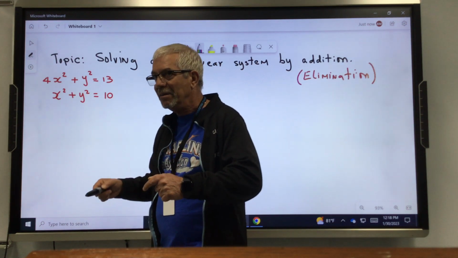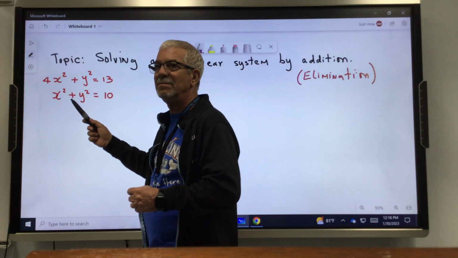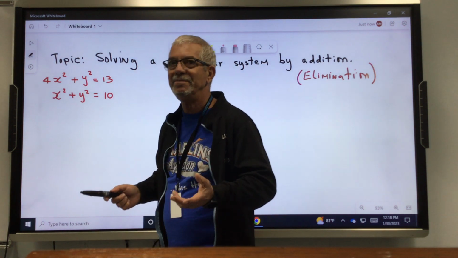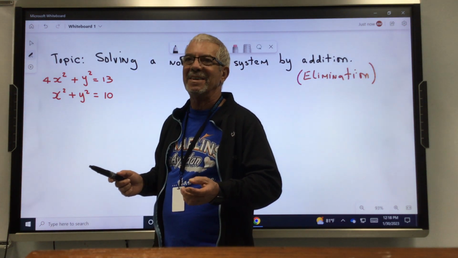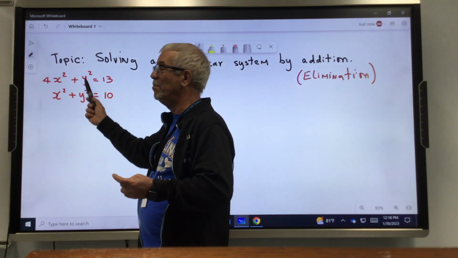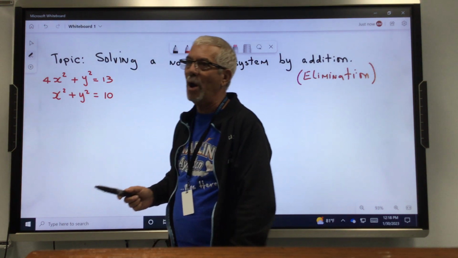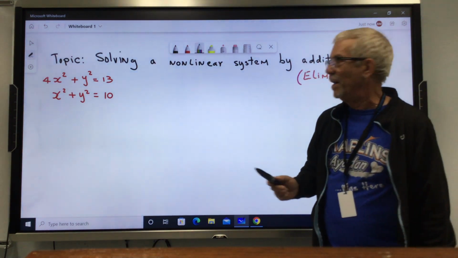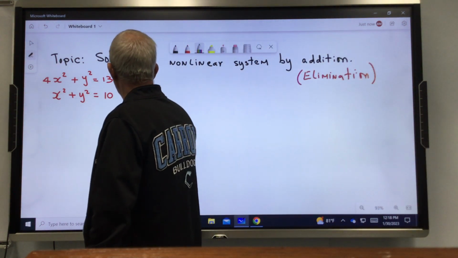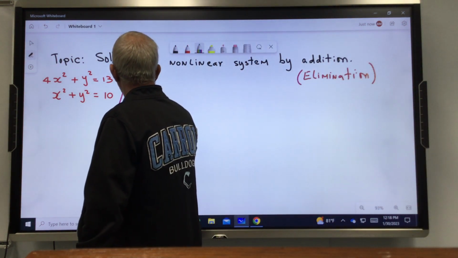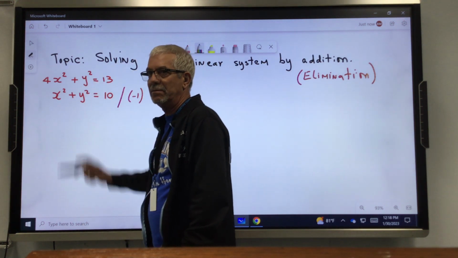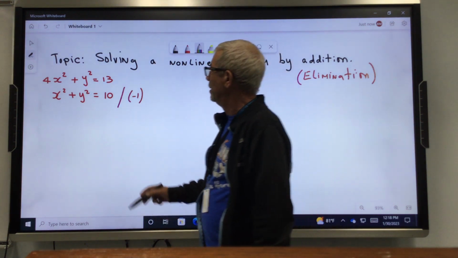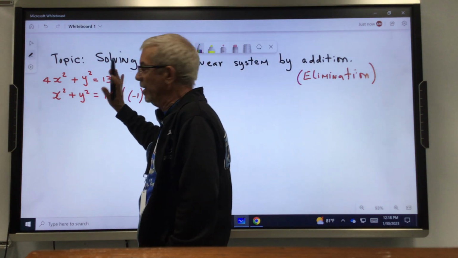But the easy way is to multiply the second equation by -1. If we multiply the second equation by -1, that is the easy way because we can eliminate the y's. All right? Then the first equation by 1, it will be the same.